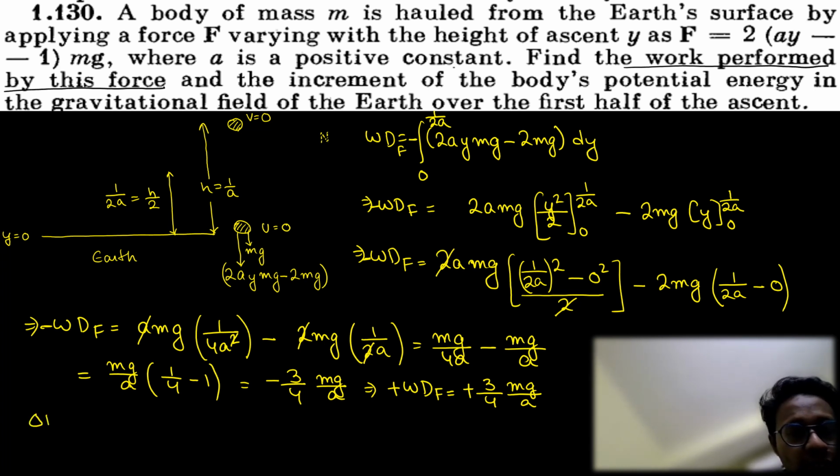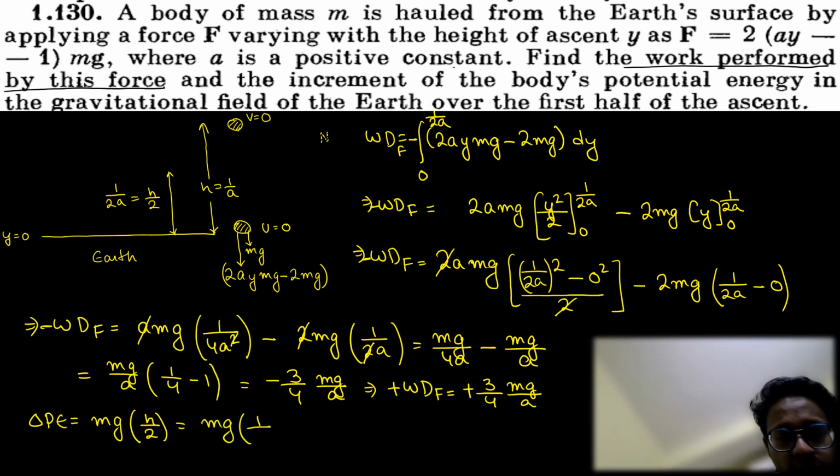The increase in potential energy is nothing but negative of work done by gravity, minus of minus mg into h by 2. What is h by 2? h by 2 is 1 by 2a, so mg into 1 by 2a equals mg by 2a. This is the increase in potential energy.